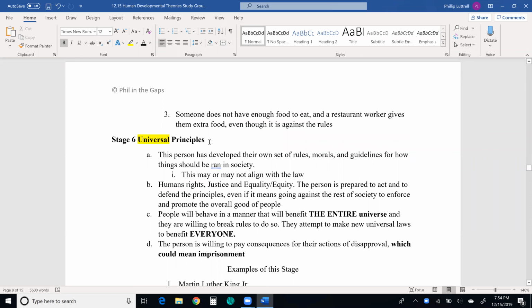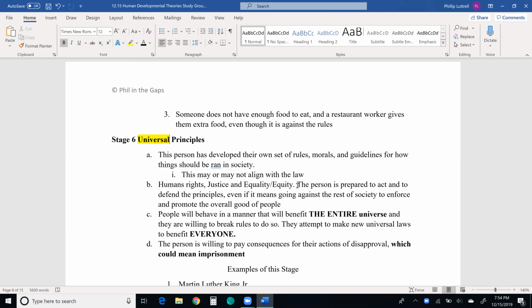So this person has developed their own set of rules, morals, and guidelines for how things should be ran in society. So again, not everything is going to be benefiting people, but this person said, I'm about to change the entire universe based on the fact that I see that we're not obeying and people are not getting their needs met. So this may or may not align with the law.